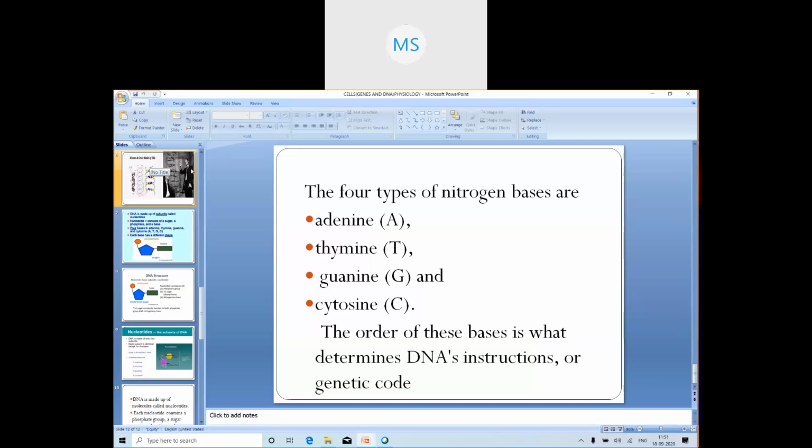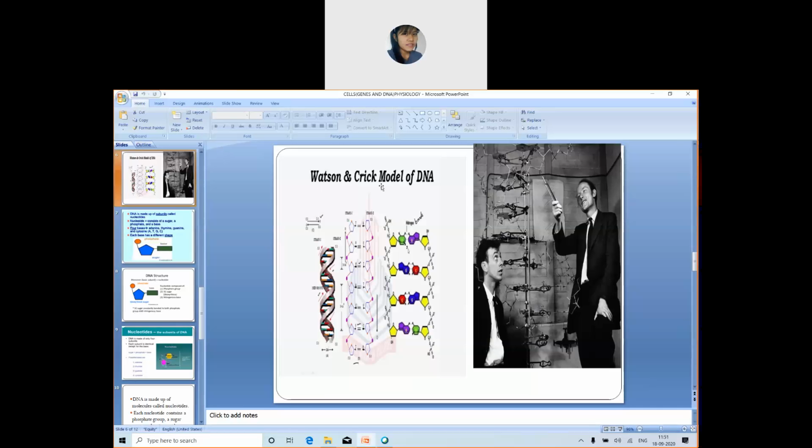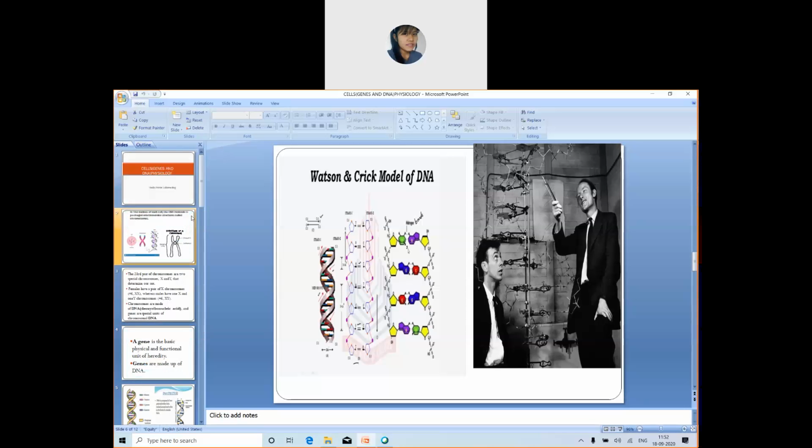No, ma'am. I've already told you. This one, Watson and Crick. Can you see the screen, Mercy? Yes, ma'am. Don't forget, Watson and Crick. They found out this structure of DNA. We should call it the Watson and Crick model of DNA. Don't forget.